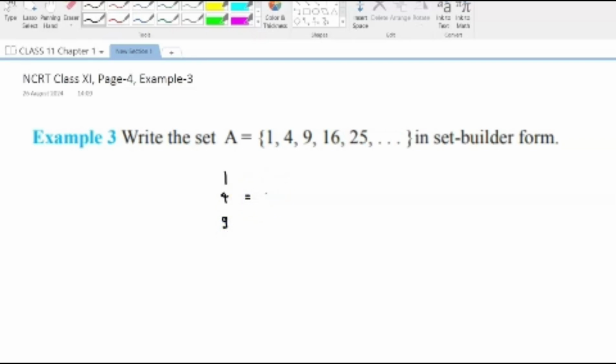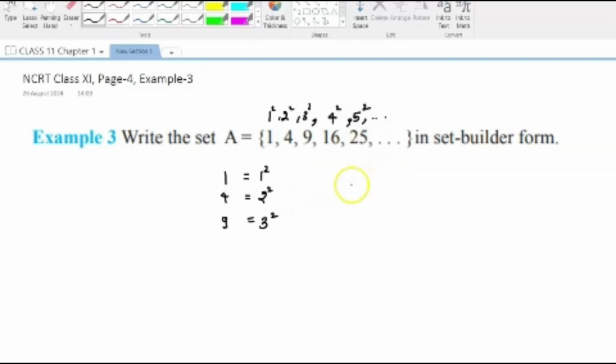I hope by seeing these numbers, you are getting this idea. 1 square is 1, 2 square is 4, 3 square is 9, and then 4 square, 5 square. So 1 square, 2 square, 3 square, 4 square, 5 square, and so on.